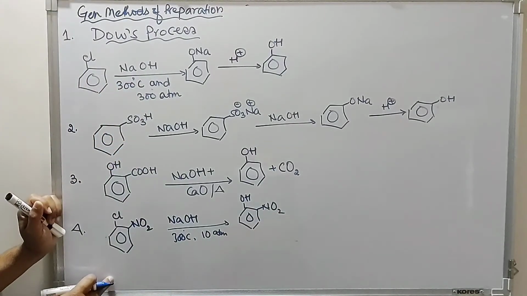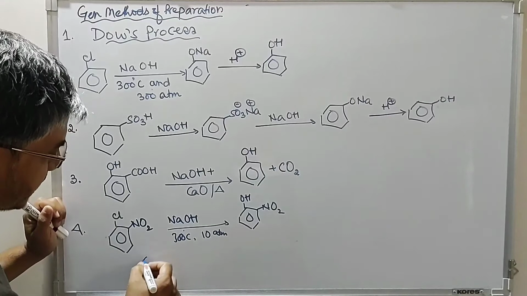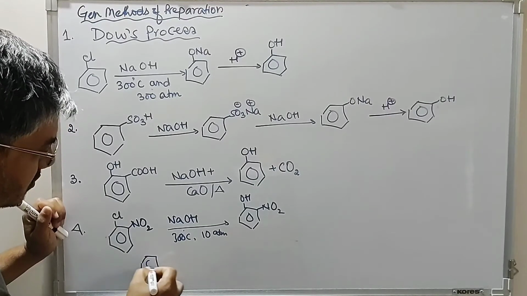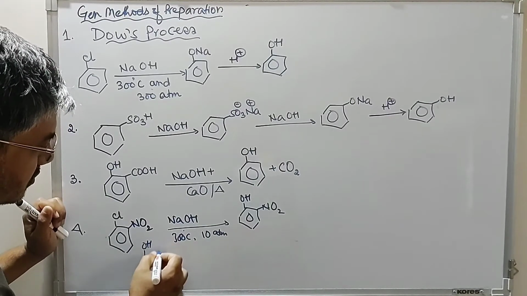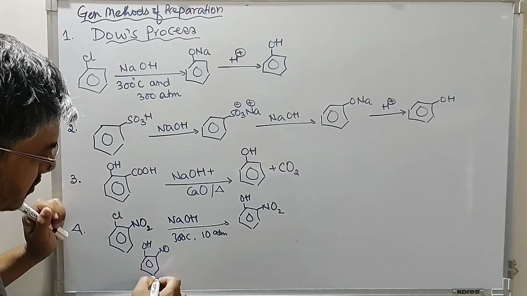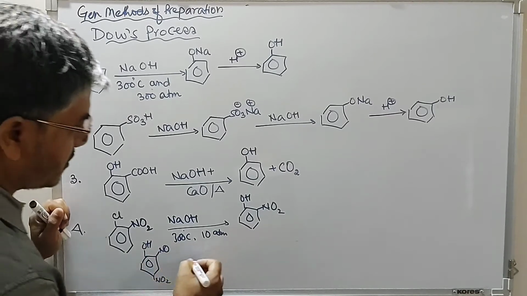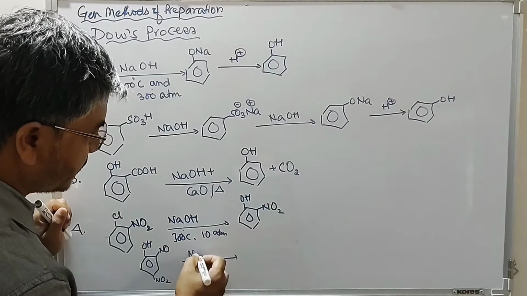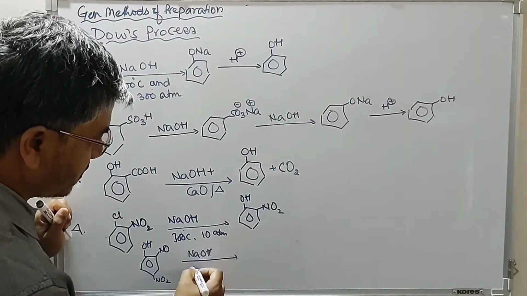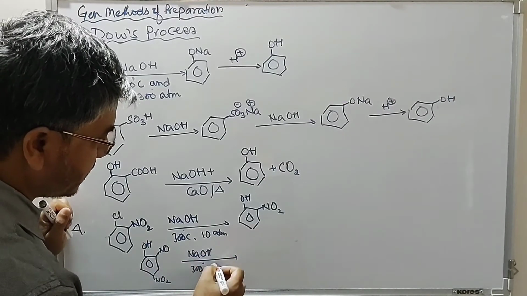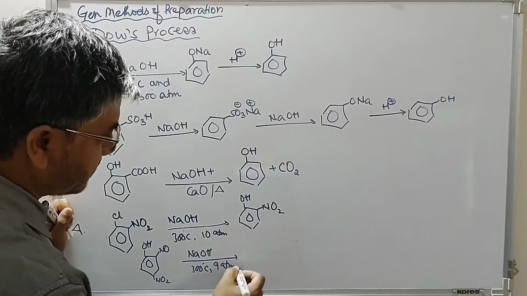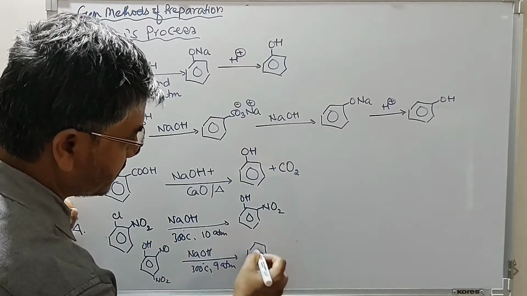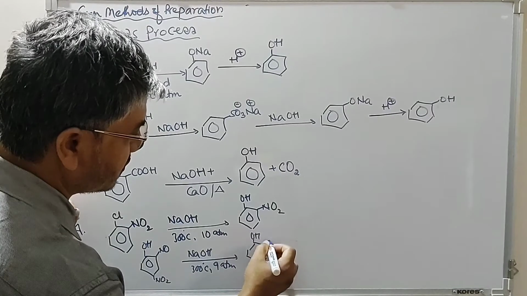But if we introduce a second nitro group at para position, again fusion with sodium hydroxide at 300 degrees centigrade and 9 atm, we get substitution here. So we have OH.